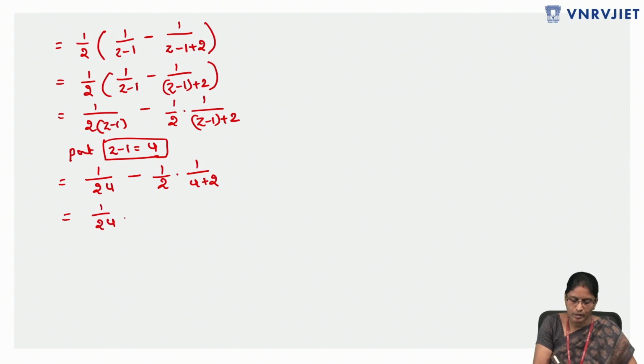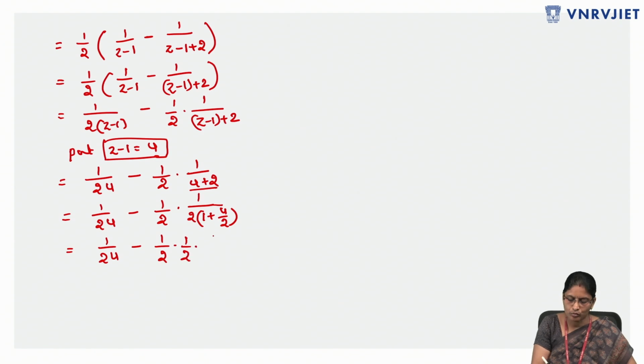In the denominator we take 2 common, we get 2 into 1 plus u by 2, which is 1 by 2u minus 1 by 4 into 1 plus u by 2 whole power minus 1.